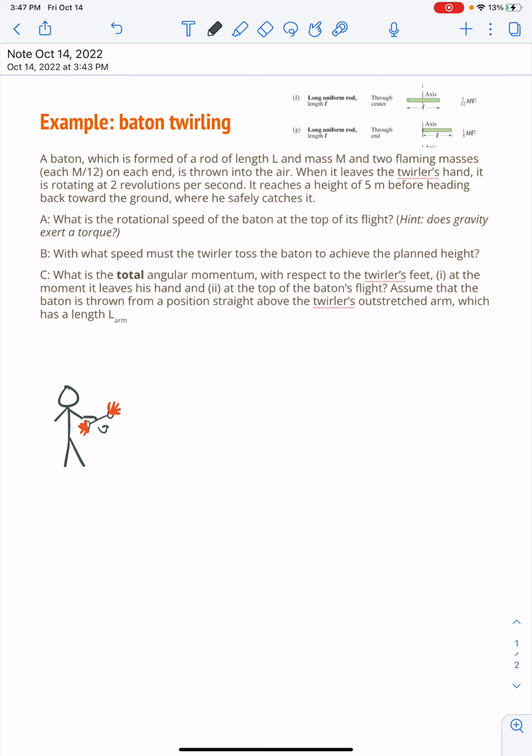And when this baton leaves the twirler's hands, it's rotating at omega equals 2 revolutions per second. And then it reaches a height of 5 meters before heading back to the ground before he safely catches it.